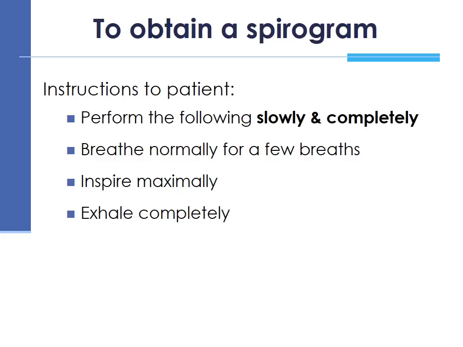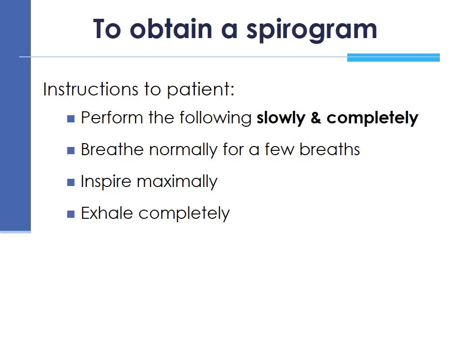In order to obtain a reproducible and reliable lung function result, it's very important that the maneuver is explained to the patient beforehand. The patient needs to be adequately prepared before doing the test so that they understand exactly what to do for the duration of the test.